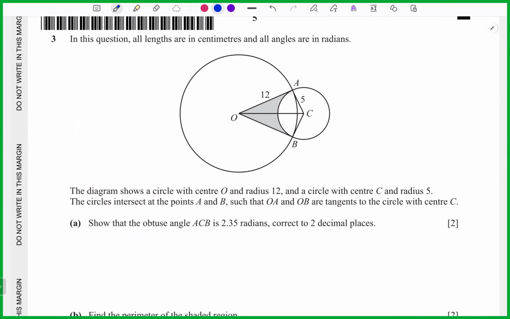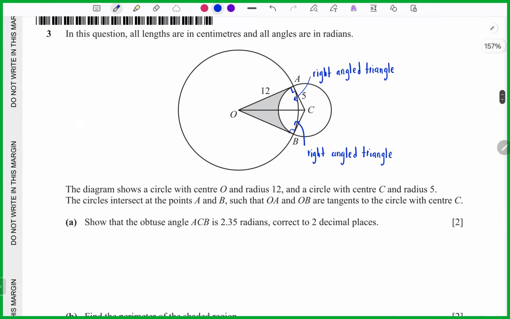What does that mean? 90 degrees. So the shape here is a right angle triangle. I hope you can get it. You already have the right angle triangle, right?